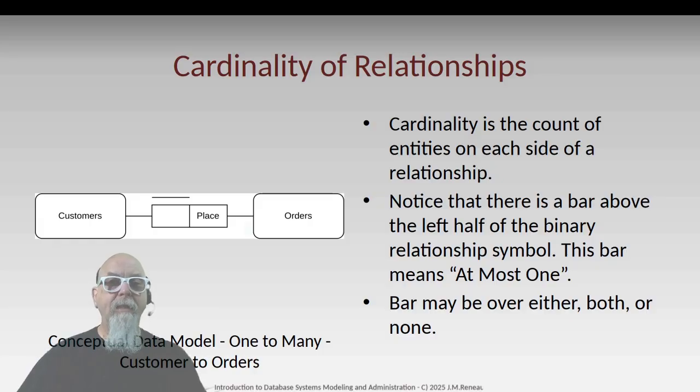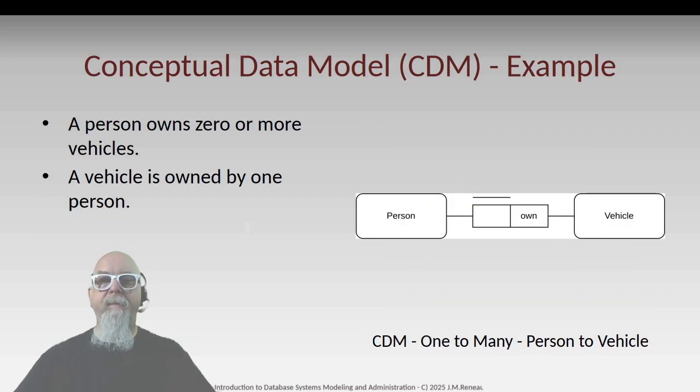But we can easily see that an order is for one and only one customer. An order is for only one customer, and a customer can have many orders. The cardinality. Here's another example of a conceptual data model of a very simple binary relationship, again, between people and vehicles.